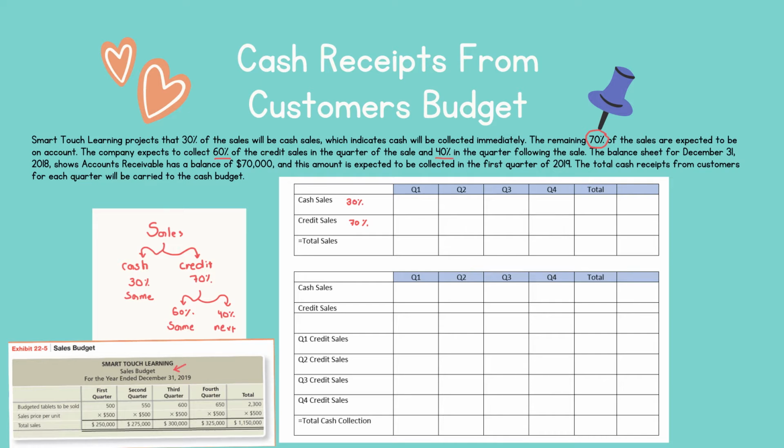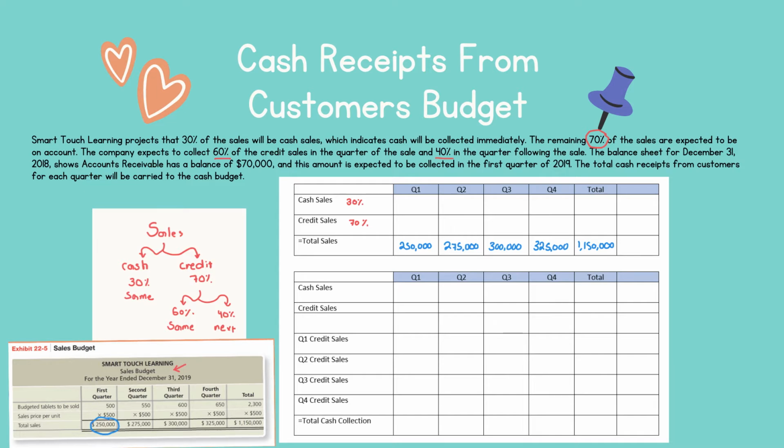So I'm gonna multiply 30% with 250,000 for quarter one. So total sales will be 250,000 here. For quarter two, it's going to be 275,000. For quarter three, it's going to be 300,000. For quarter four, it's going to be 325,000, and the total will be 1,150,000.